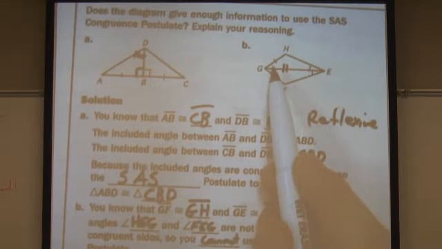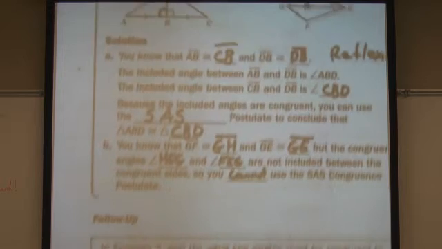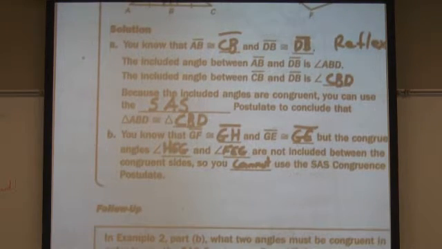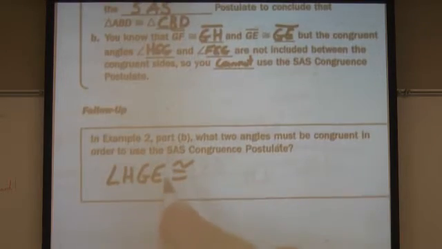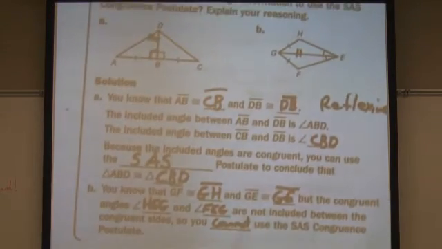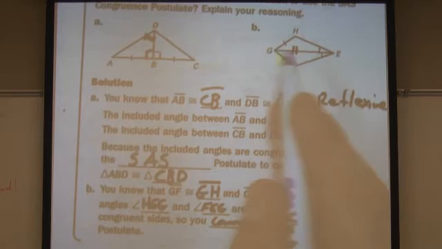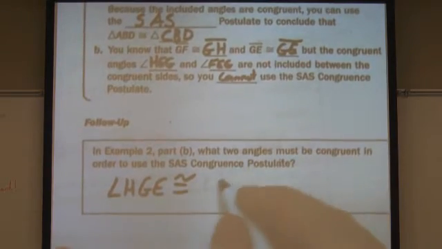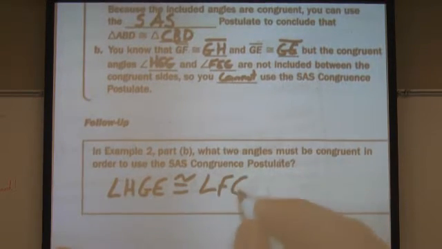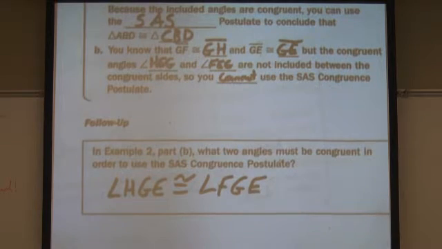So it should have been this one and this one. HGE. So angle HGE should have been shown congruent to FGE. Angle FGE. But they weren't, so we can't use them.